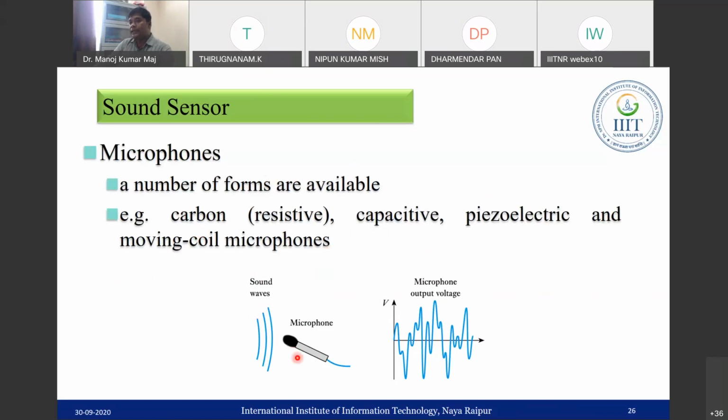Whenever sound waves are generated, your microphone can detect the sound wave, and it can give you the output voltage value. So this is your microphone output voltage, and in the form of the output voltage value, our sensor can detect the sound. That is called the sound sensor.